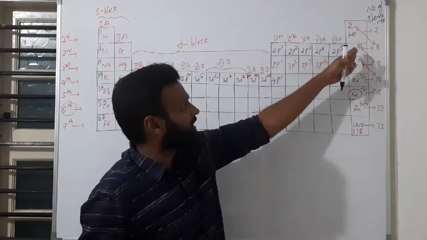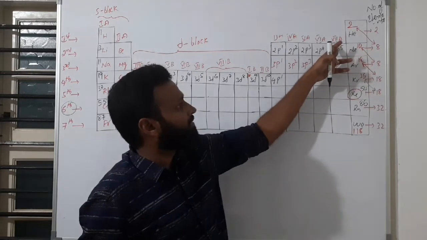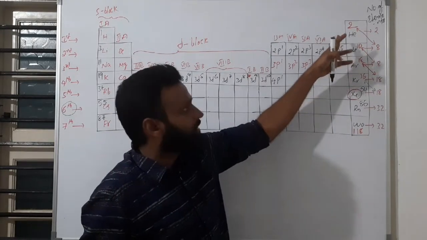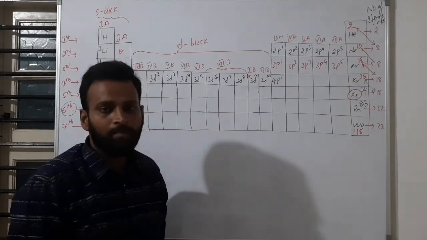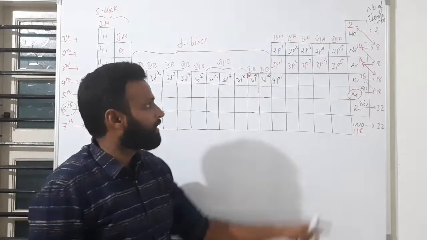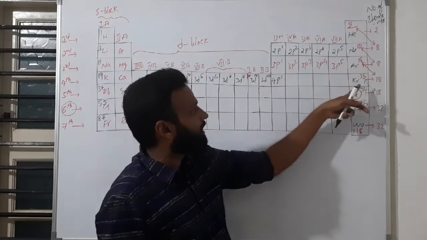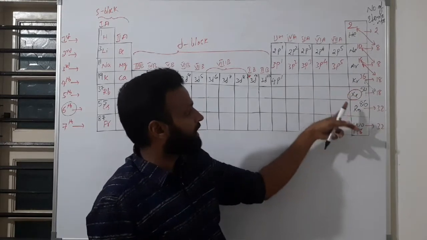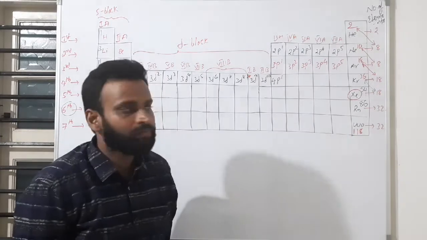What is the atomic number here? Suppose here the atomic number is 9, right? In the 7th group, what is the atomic number, you can say. Okay, so here 9 you are having, so here 17, here 35, here 53, here 85, and here 117. In that way you can say.